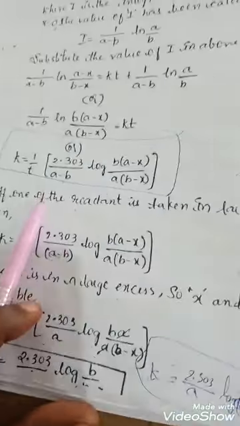If one of the reactants is taken in large excess, then k equal to 1 by t 2.303 by a minus b log b into a minus x by a into b minus x.